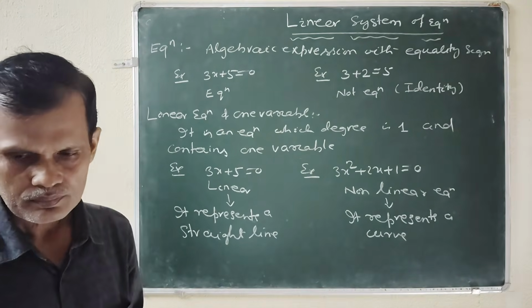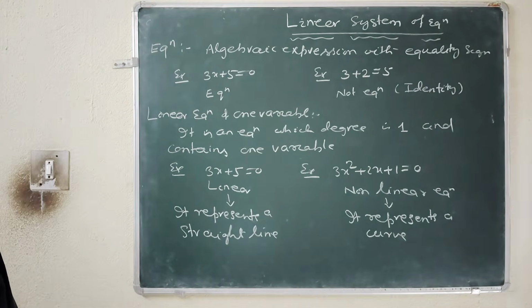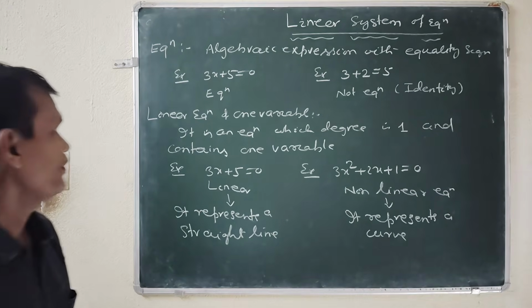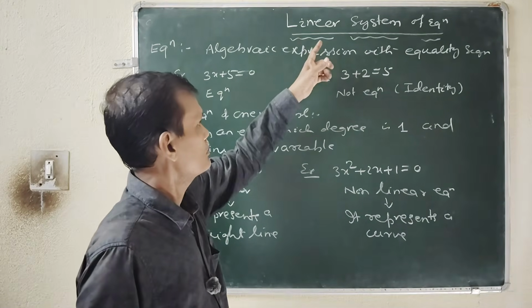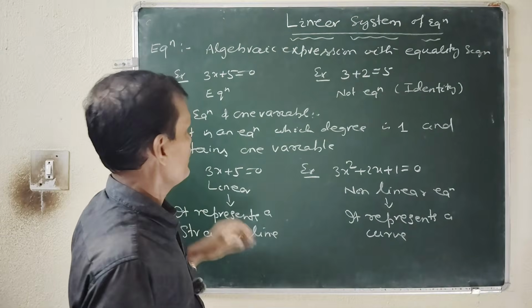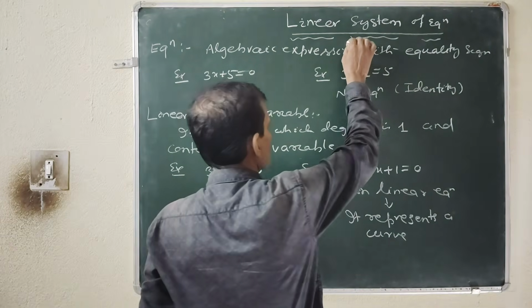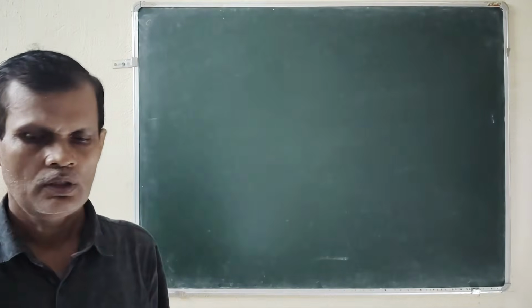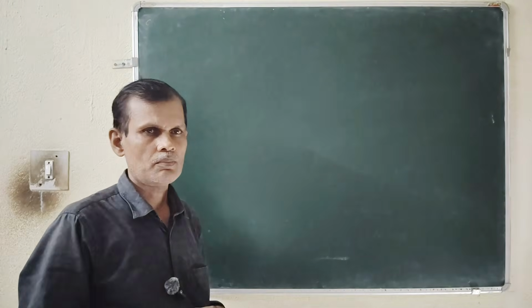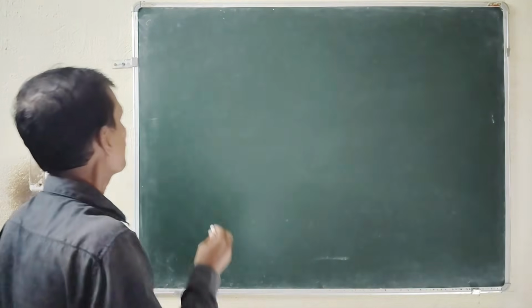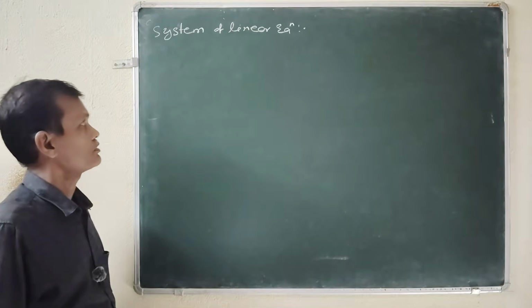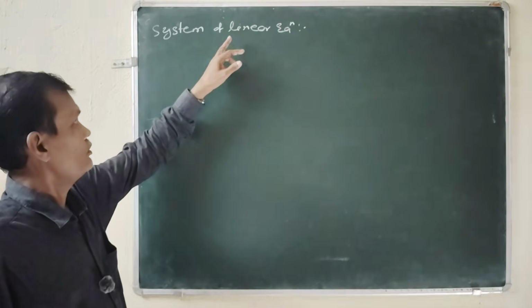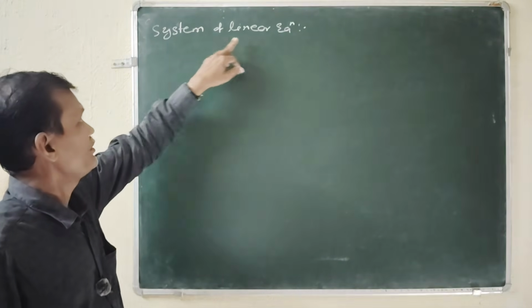Okay. So this is the idea of what is an equation and what is a linear equation. Then we will discuss system of linear equations. Now we will discuss system of linear equations. We know what is an equation and a linear equation.